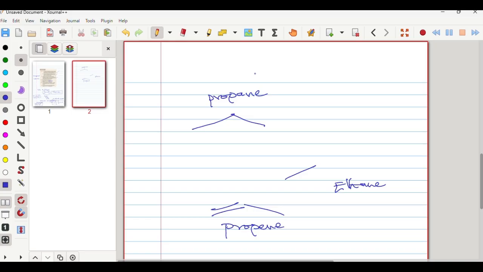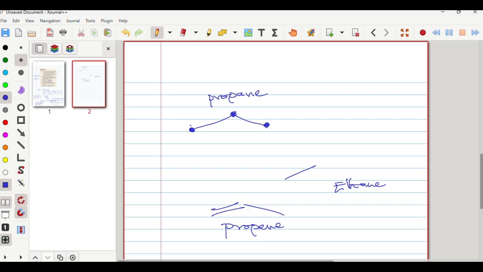Hydrogen and carbon are not there, and the bond between hydrogen and carbon has also been removed. So how do we return carbon? Any junction is where you find a carbon. So there's a carbon here, a carbon here, and a carbon here.